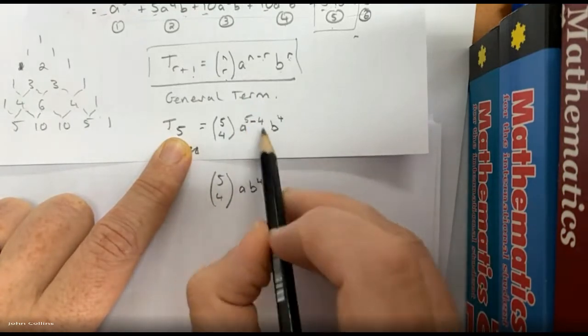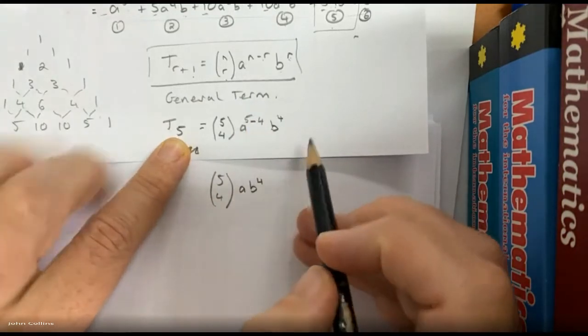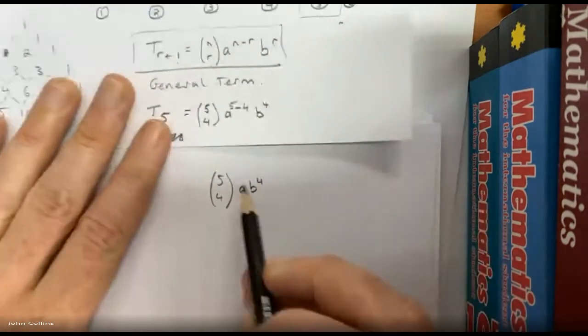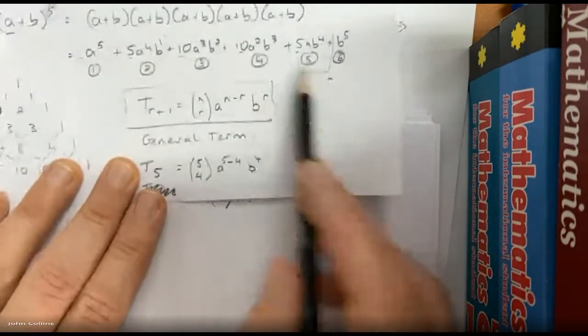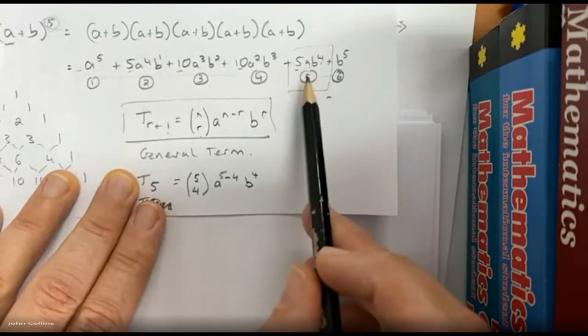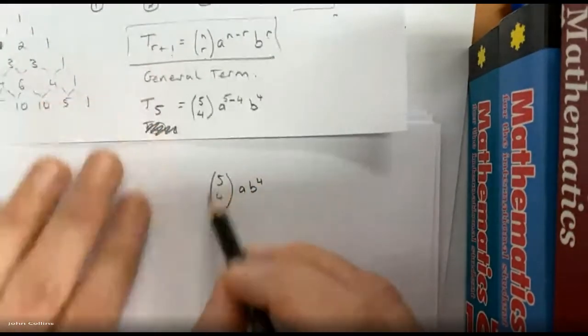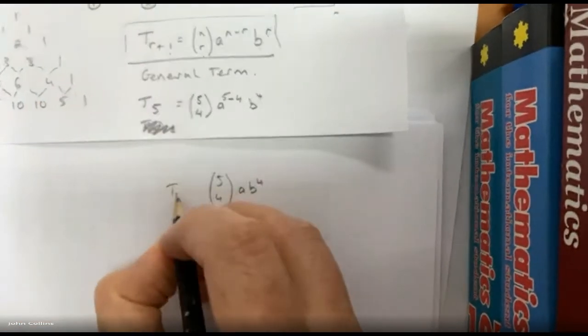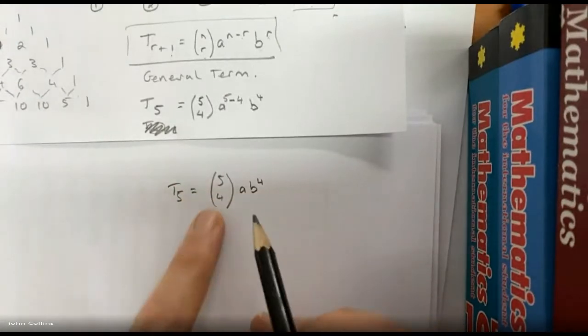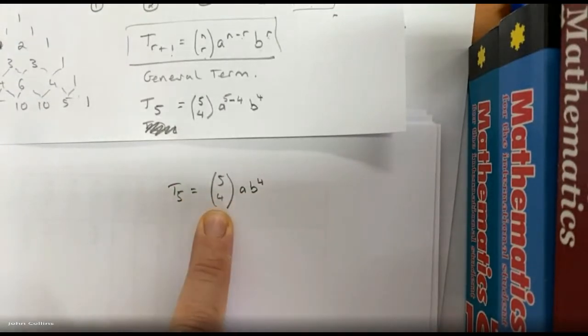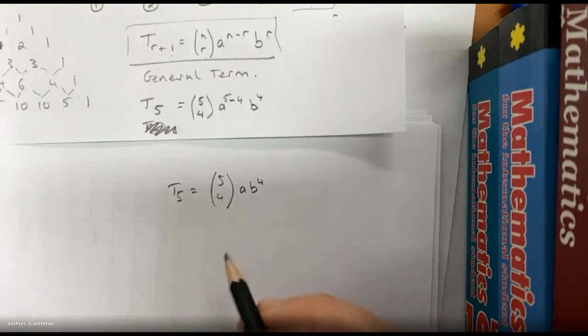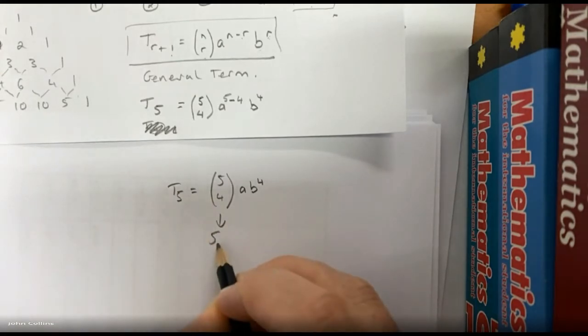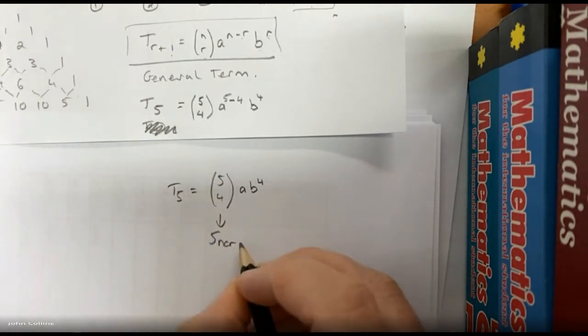So I can write in the 1. Okay, so we're pretty close. Now I know my answer is 5 to this brackety thing. What is that brackety thing? Well, that is another way of writing 5C4.